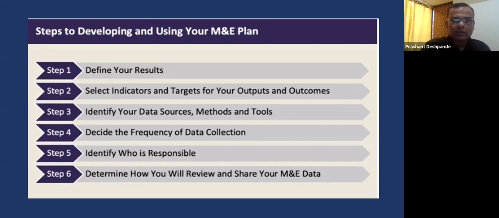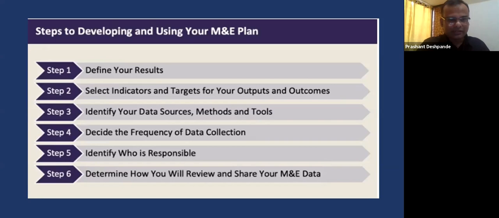Step four is to decide the frequency, how frequently data will be collected. Step five is to decide who is the responsible person for that activity, not for collecting data, and determine how you will review and share your M&E data. So from step 1 to step 5, we can develop that M&E plan.